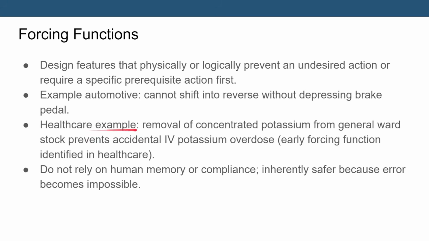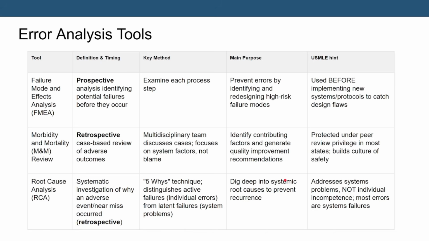So the healthcare example would be removal of concentrated potassium from general ward stock prevents accidental IV potassium overdose. So this was an early forcing function identified in healthcare. They don't rely on human memory, basically. So they are inherently safer because the error just becomes impossible.